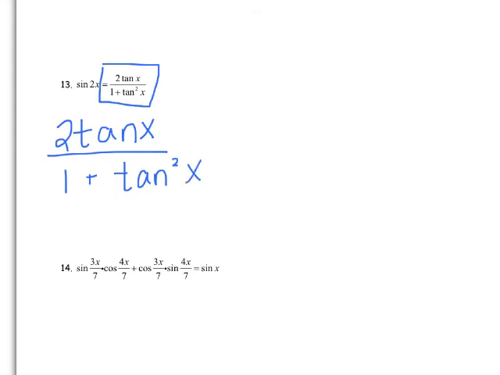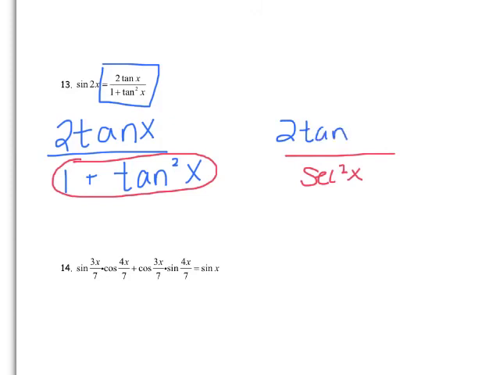And the first thing that I notice is 1 plus tan squared is an identity. And that identity is that it's secant squared. And so then keeping this top as 2 tan x. Well, it's not really looking very much like this right now.